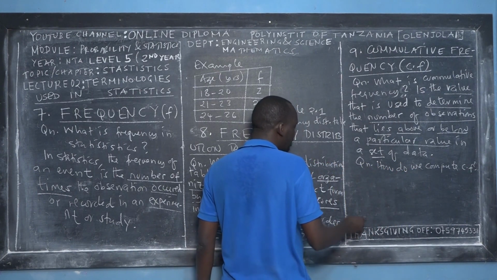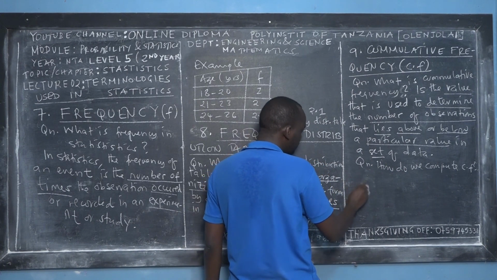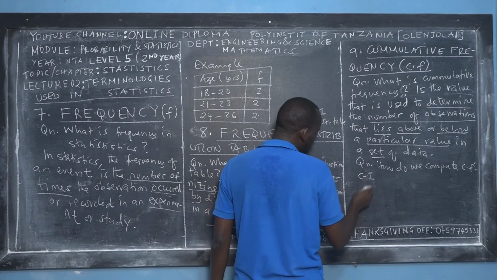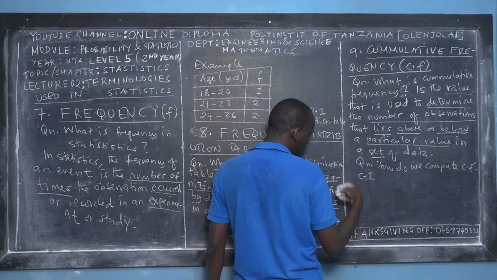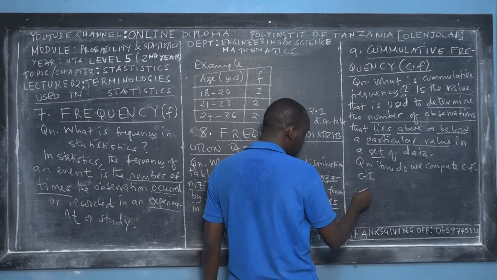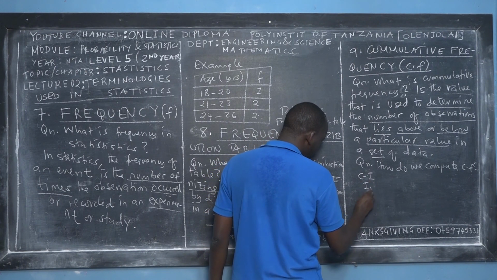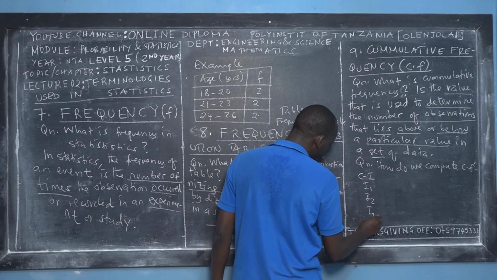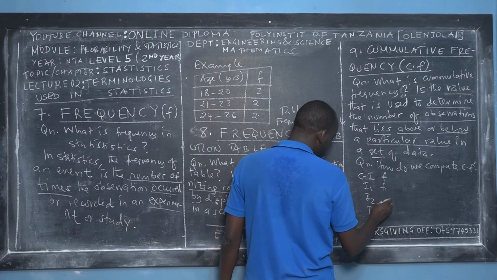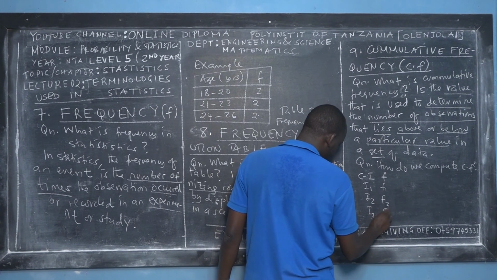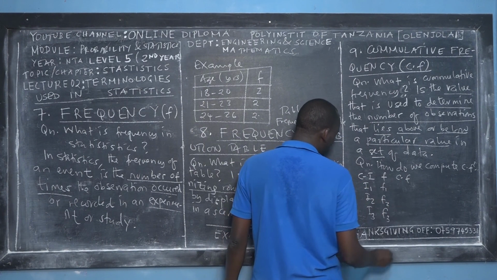Suppose that we have a frequency distribution table with class interval 1, class interval 2, class interval 3, and another column with frequency 1, frequency 2, frequency 3. We want to compute the cumulative frequency.